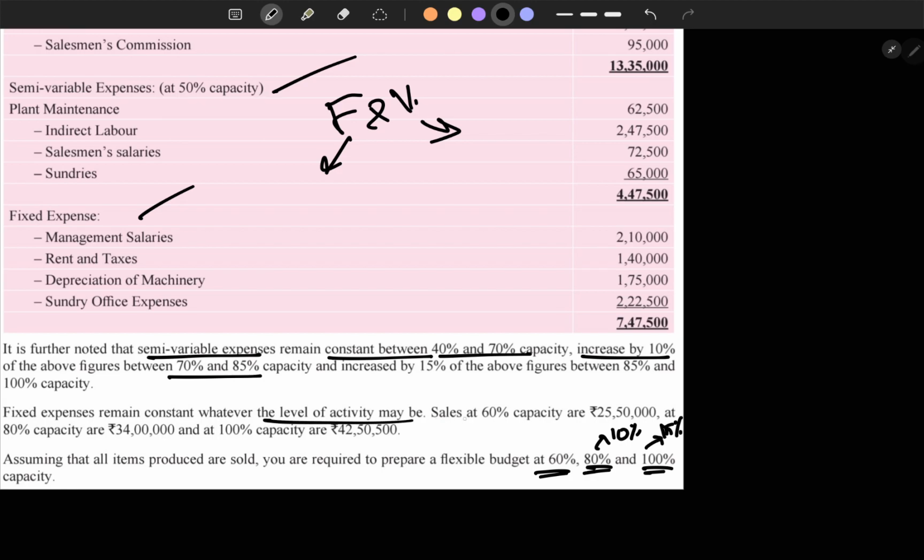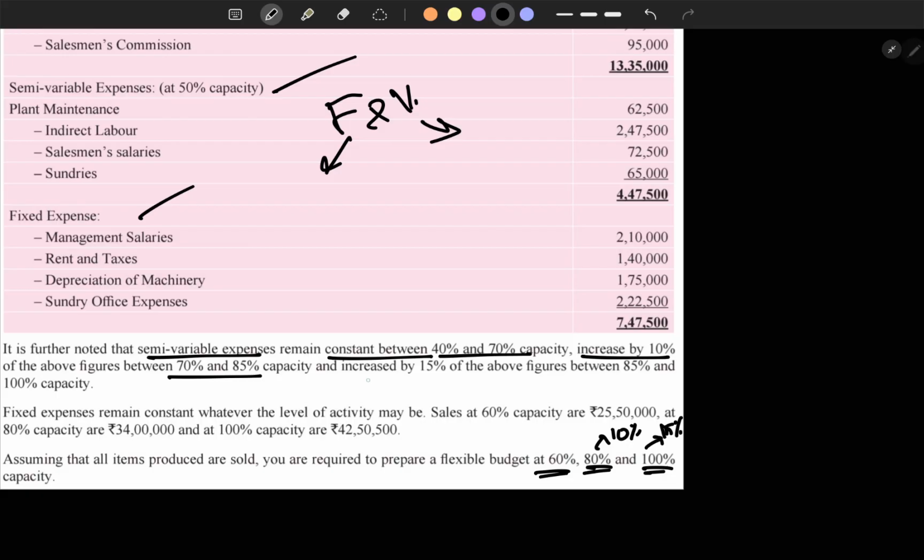Okay, not always. If capacity goes beyond 110 percentage or 120 percentage, we might rent some land beside our manufacturing unit. So that time we might see an increase, that is differential costing. That's a different concept. So we'll cover those also in further days.